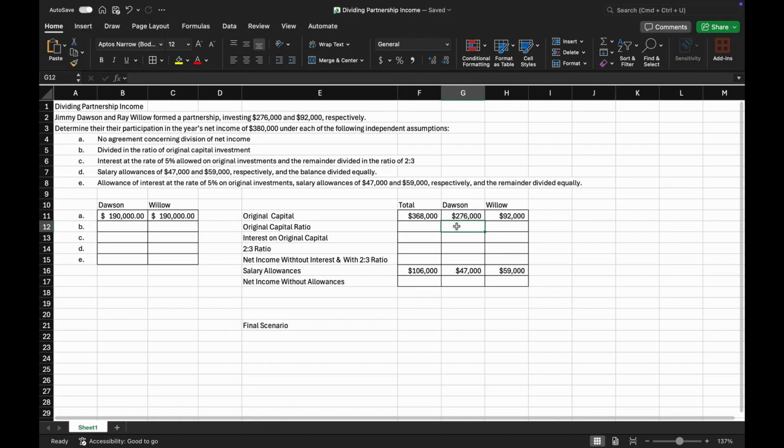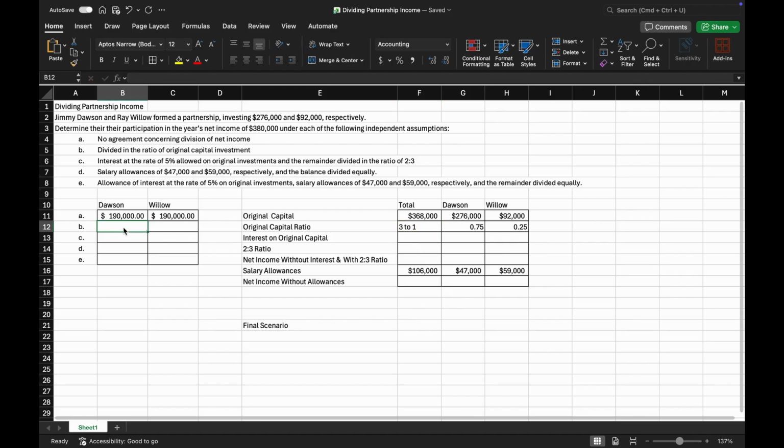So, $276,000 divided by $368,000 comes out to 0.75. $92,000 divided by $368,000 comes out to 0.25. This shows that the original ratio was 3-1.